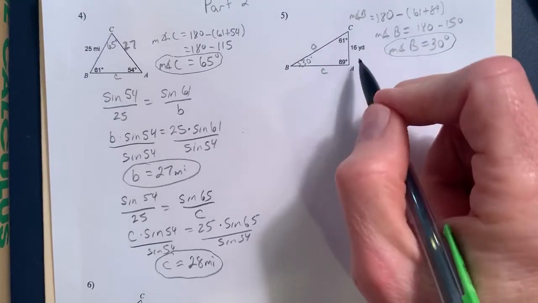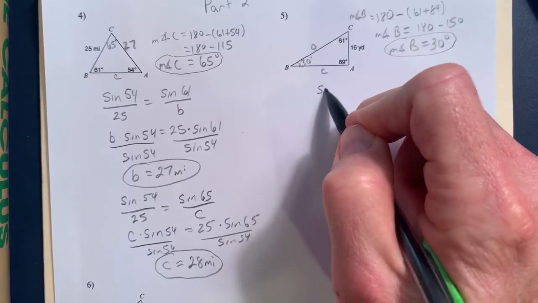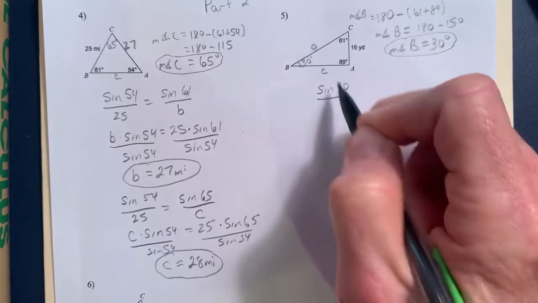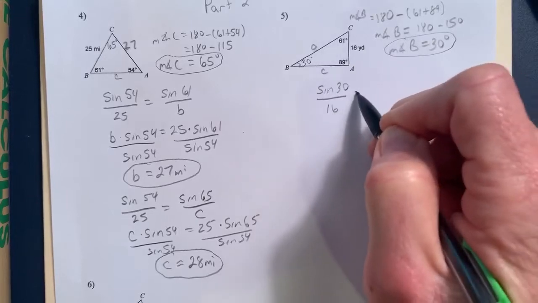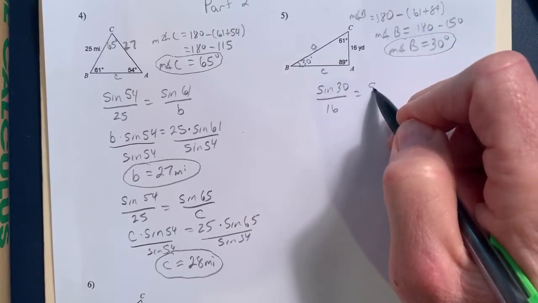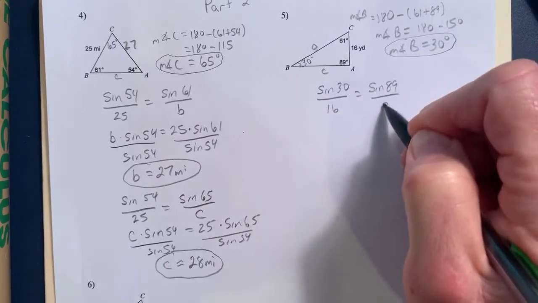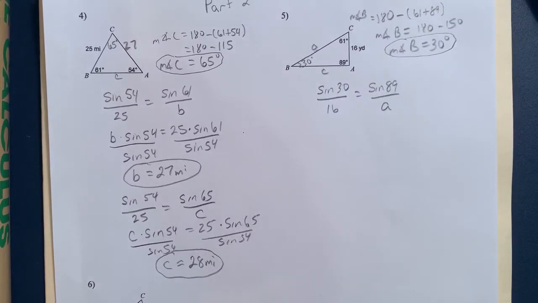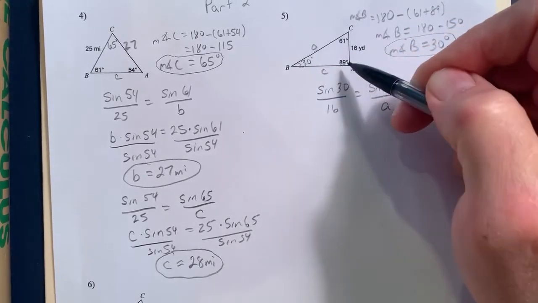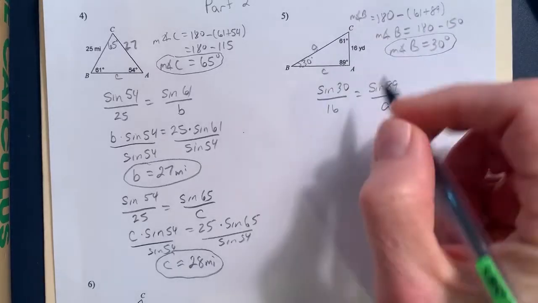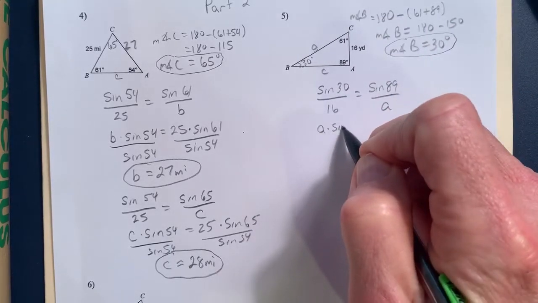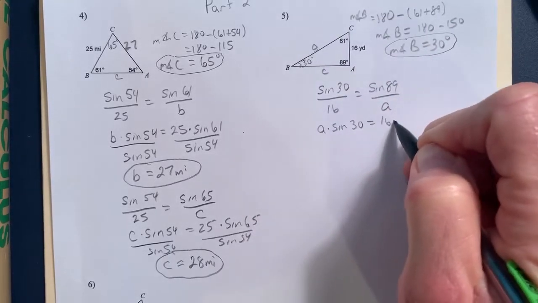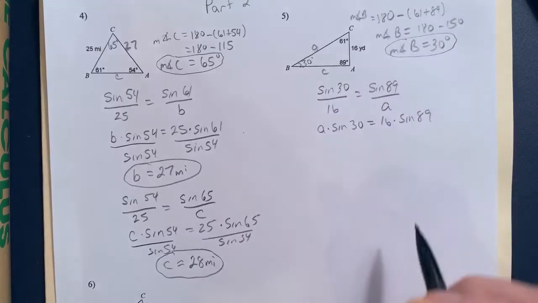All right, so I'll do sine of 30 degrees over 16 equals sine of 89 over A. So A times sine of 30 equals 16 times sine of 89.